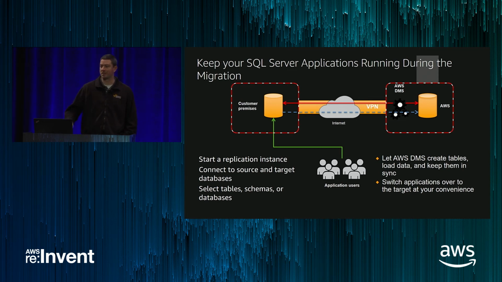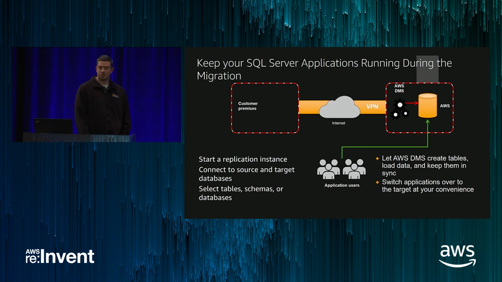That way you have the whole weekend to recover in the event that things go wrong. So in that case, you could leave your DMS instance running, still replicating data from Tuesday through Friday, and then on Friday, you could do the DNS switcheroo. You could pull your users over, just doing a simple CNAME change or a DNS update, and then your users are hitting the same resource in AWS.